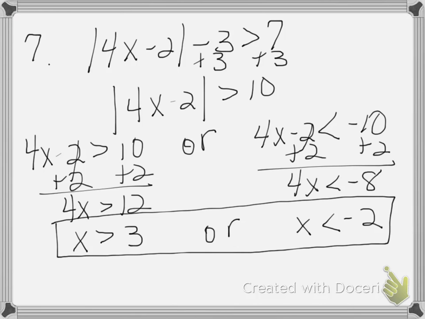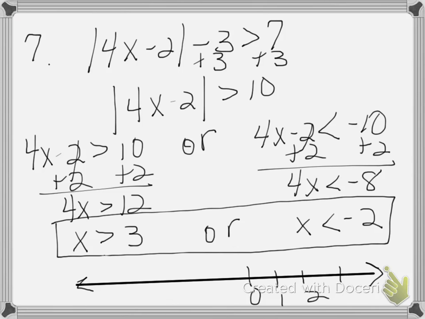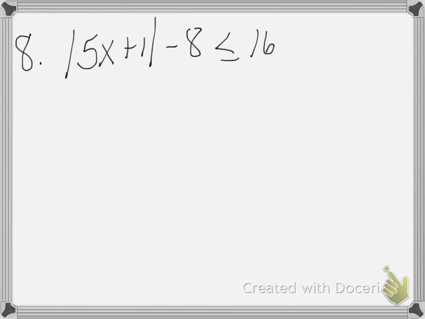To graph it, open circle at negative 2 and everything to the left, open circle at 3, and everything to the right.